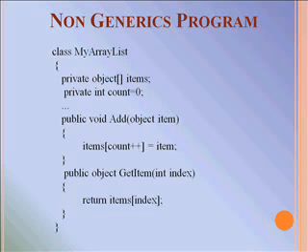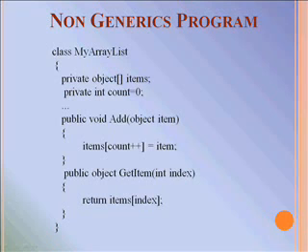Here we are implementing the function of this class method, public void add object item. Add is the function name. Void is a passing method. If we use void, we don't have to return a value; if we don't use it, we have to return.